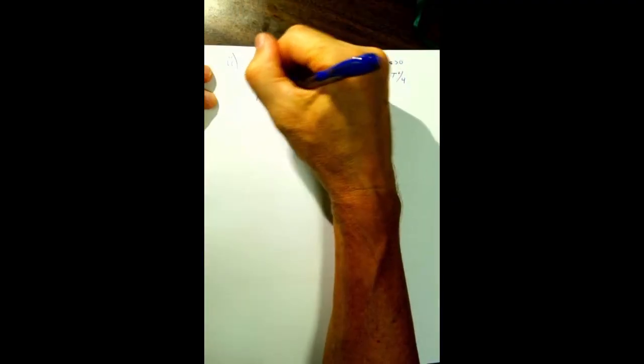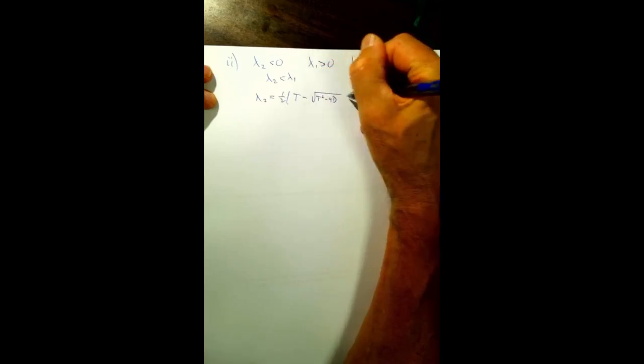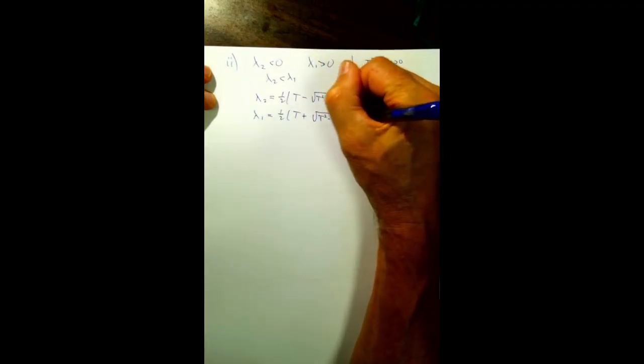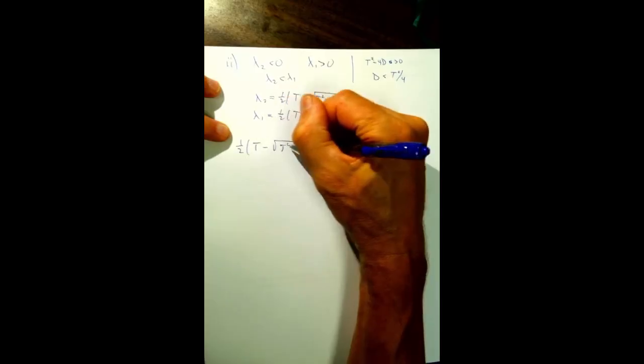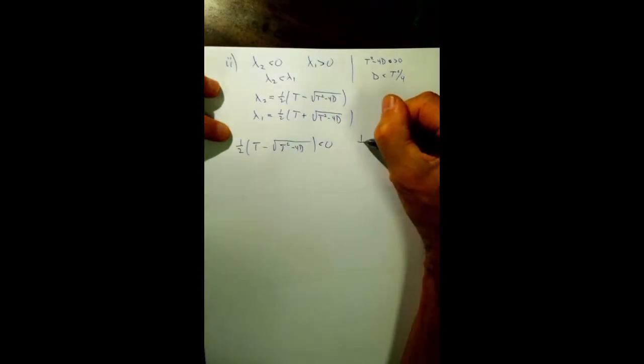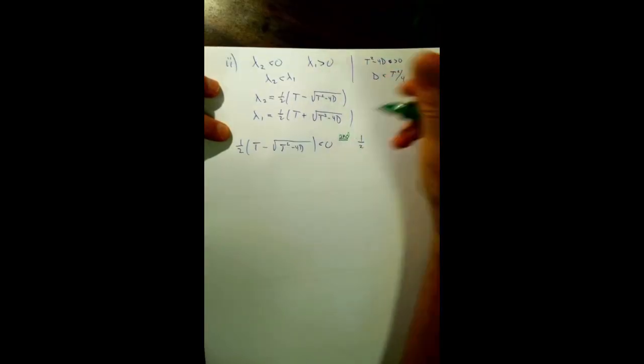And I know this is real valued, so I know that t squared minus 4d is positive, which means that d is less than t squared over 4. Lambda 2 we said was 1/2 quantity t minus the square root of t squared minus 4d. Lambda 1 is 1/2 quantity t plus the square root of t squared minus 4d. So this means that 1/2 t minus the square root of t squared minus 4d has to be negative. And here's the key thing, this is an "and." Both of these things have to be true.